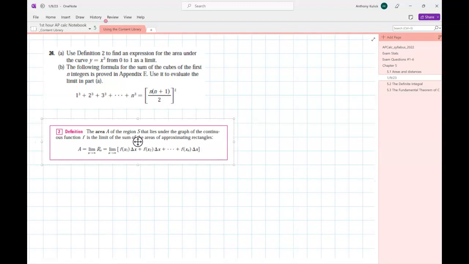Okay. So my delta x is going to be the length of my intervals. So that's going to be the upper minus the lower divided by the number of subintervals. So 1 over n.